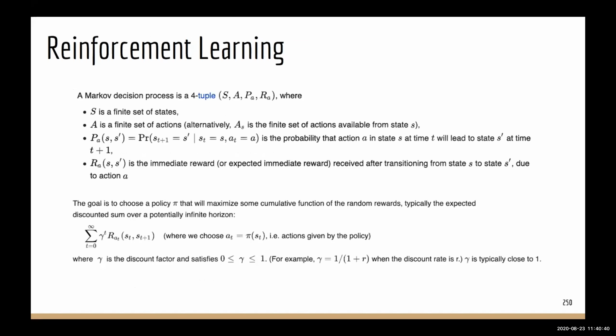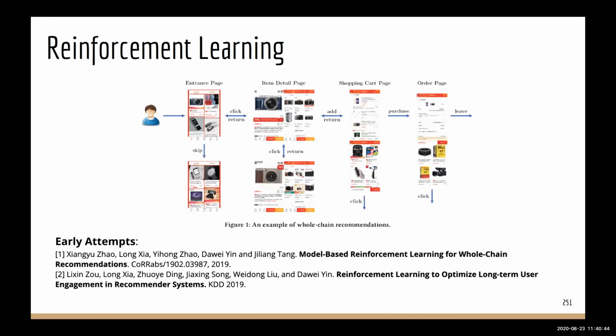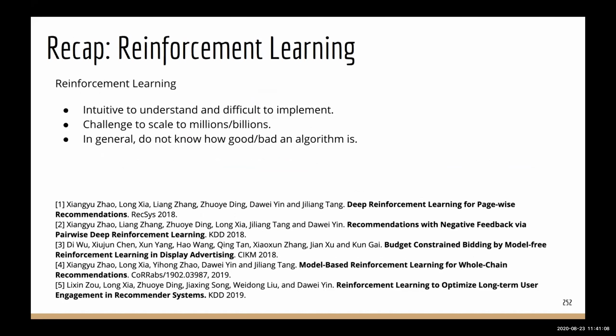Very similarly, reinforcement learning is very popular recently. There are some recent proposals and early attempts to utilize reinforcement learning to optimize long-term user engagement. I won't go through the details, but they are very similar to what I described as multi-arm bandit, just using the reinforcement learning language, and they have pretty much similar challenges, which is how to scale to millions and billions of items.